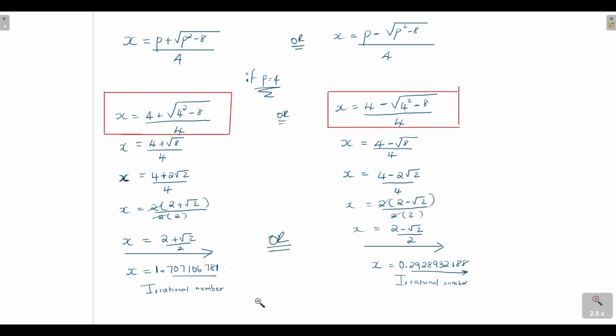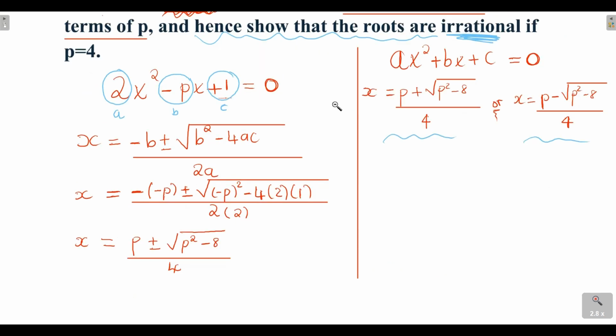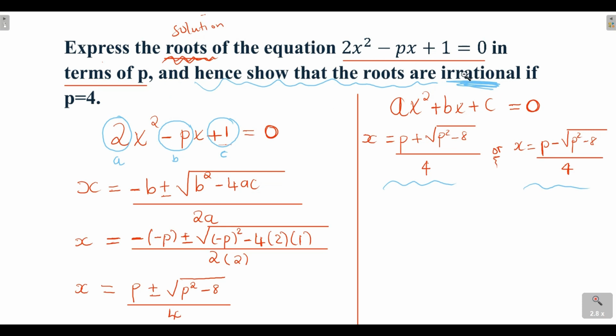That is what we're talking about when we talk about the solution to this equation. And I also explained what I mean by roots using a diagram: that is where your function cuts your x-axis.